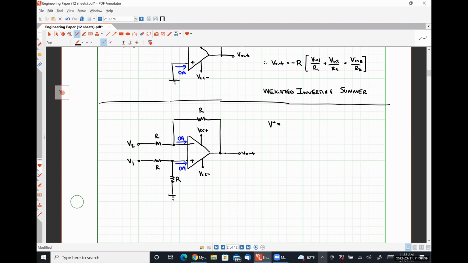So this resistor network here is acting on input voltage V1 to produce a voltage V plus that is applied at our non-inverting input terminal, okay? So anybody care to take a crack at what that voltage V plus is going to be? Exactly right. 1/2 of V1.